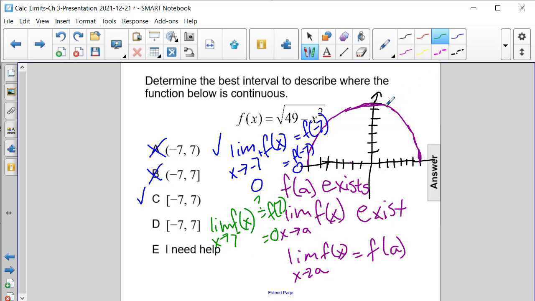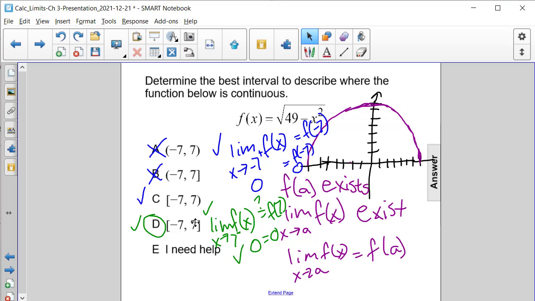And now as we approach 7 from the left, we are approaching a function value, or y value, of 0. So this also works. Therefore, both the left and right endpoints are included. So the correct answer here is answer choice D, the closed interval from -7 to +7.